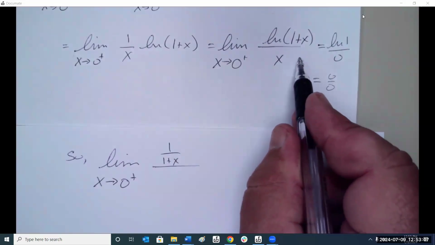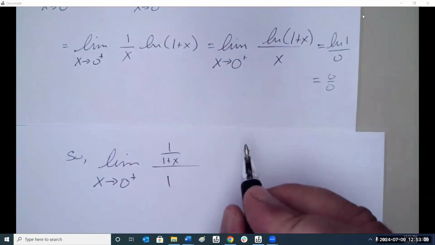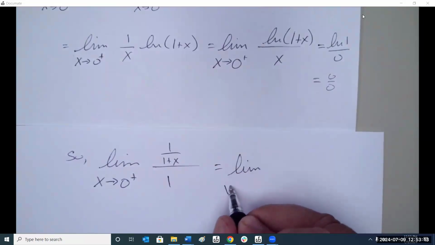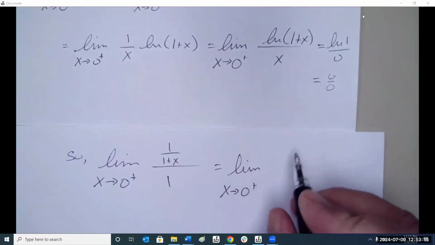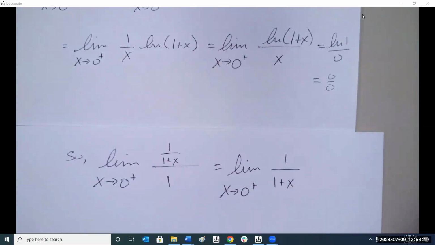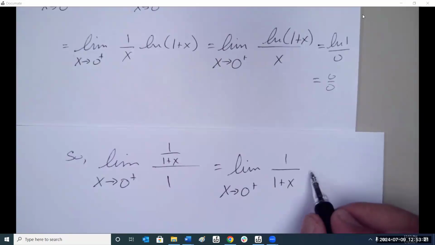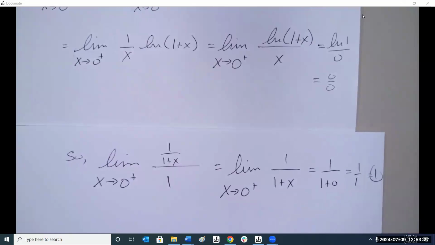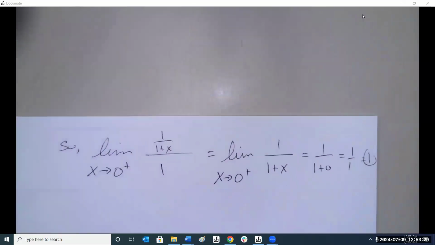What's the derivative of x? So we got the limit as x approaches 0 from the right of 1 over 1 plus x. Plug in 0. Our value is 1.